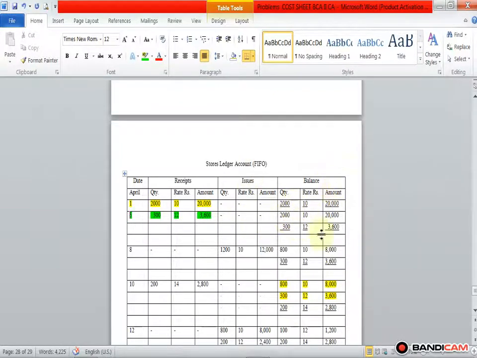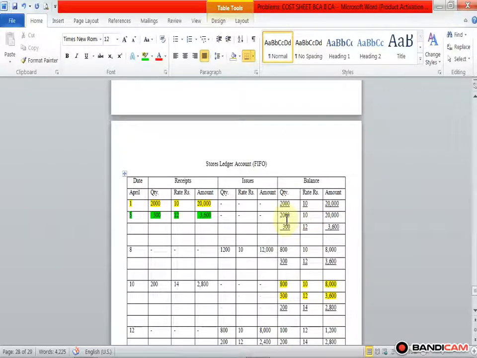Now the balance of our material: on 1st April, 2000, write it as it is, 2000 quantity, rate rupees 10, and amounting to rupees 20,000. On 5th April we received another material, so our balance is 2000 plus 300.